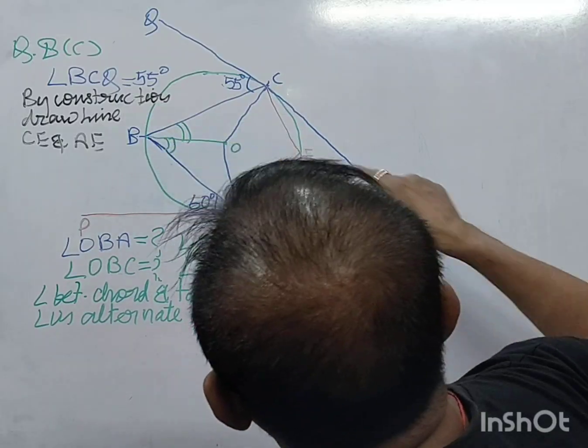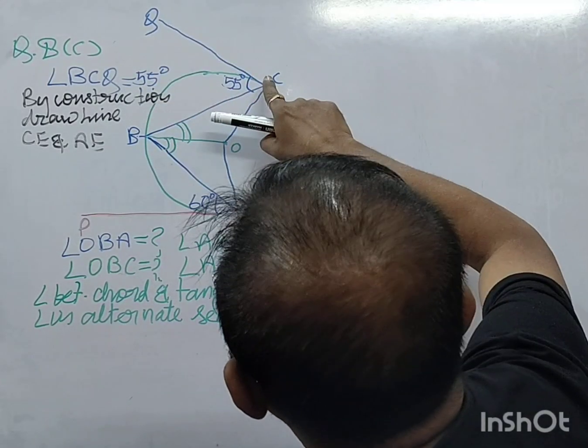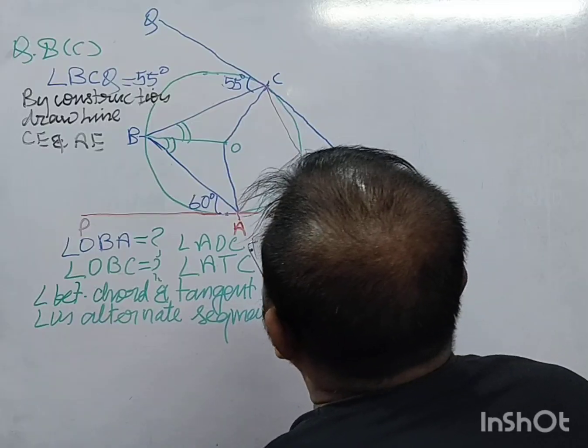So this is chord, this is tangent, so this is 55 degree.